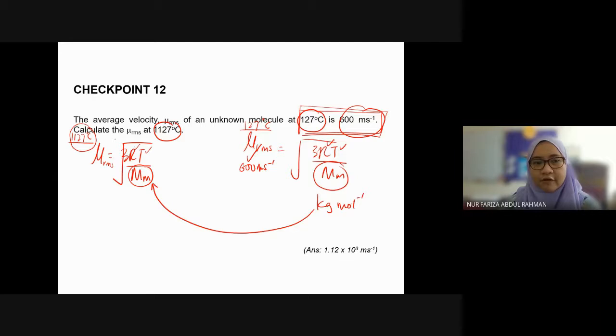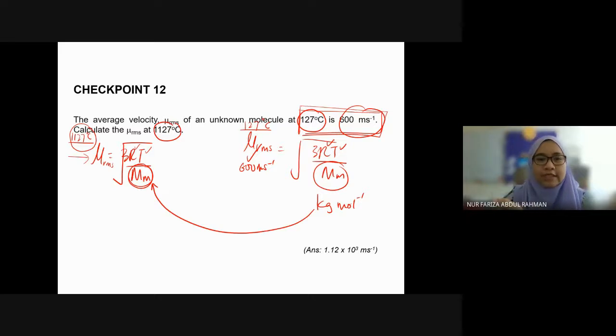So you can start from the formula itself, and the formula itself will guide you on what to do next. Bila kita start from the formula, bila kita nak masukkan the information, kita start dekat sini molar mass. So it tells us that kita kena find out the molar mass. Cuba tengok the information from the question.